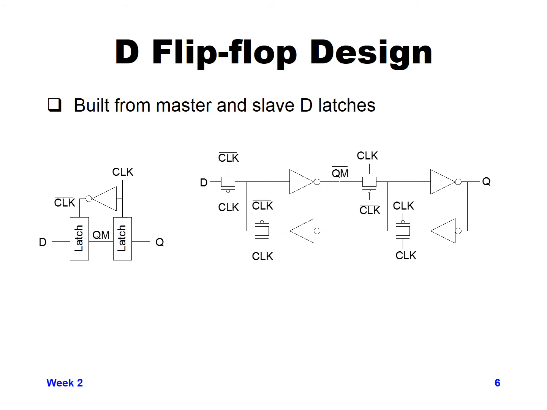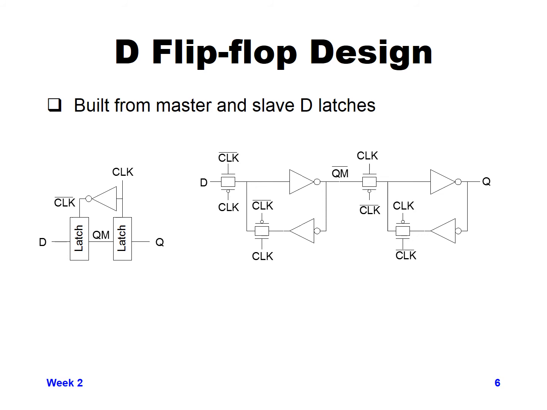If we look at the figure on the lower left-hand side, we take two different D latches and hook them in series, but have them clocked by inverted clocks. The first D latch that has D going into it is clocked by clock bar, and then the output of that goes into a second D latch that's clocked by clock.